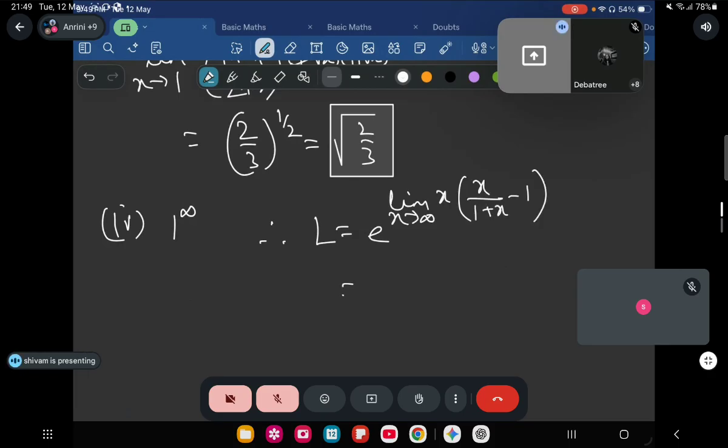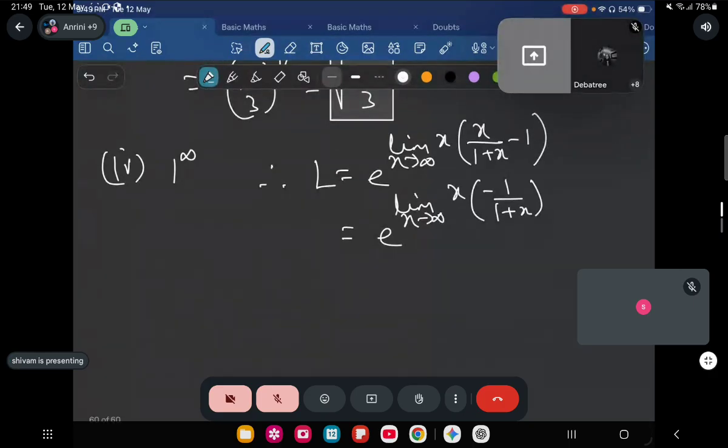So what are you getting, everyone? This will be equal to e to the power limit x tends to infinity x into minus 1 by 1 plus x. So this will become e to the power minus 1, that is 1 by e.